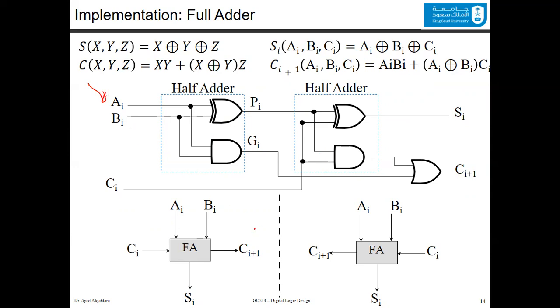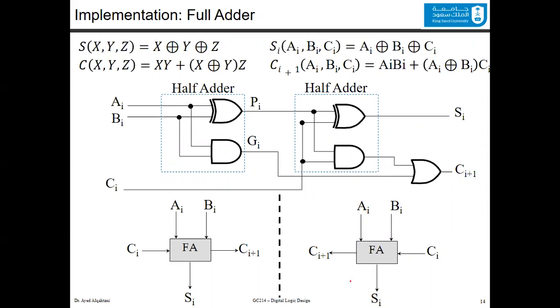Now, if you have a cell for the full adder, you would say the full adder has 3 inputs and it generates 2 outputs. The inputs are AI, BI, and CI, and it generates a sum SI. Notice it has the same index because the sum of the same position bit is generated, and it also generates a carry to the next stage, the carry CI plus 1.